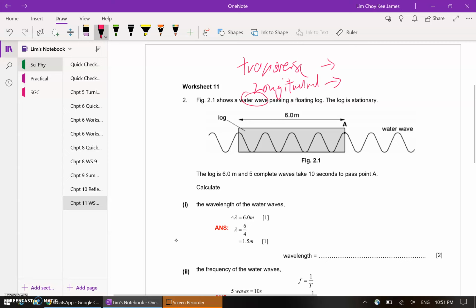But in a question, how do we identify a transverse wave and a longitudinal wave straight away? One habit we encourage is to memorize the common examples for transverse and longitudinal waves, because knowing them makes it easy to differentiate which wave the question is referring to.